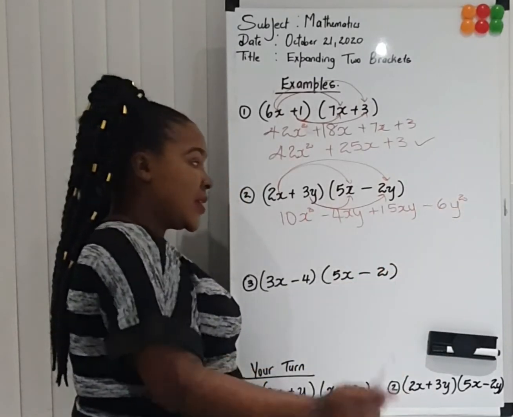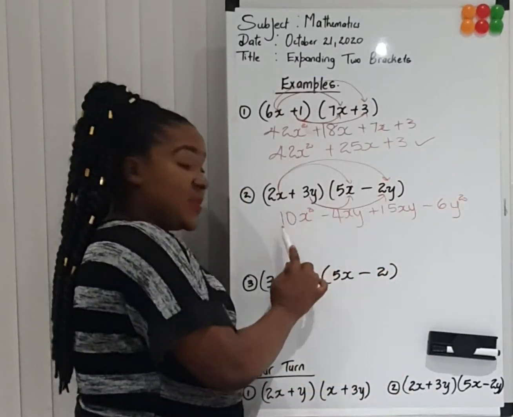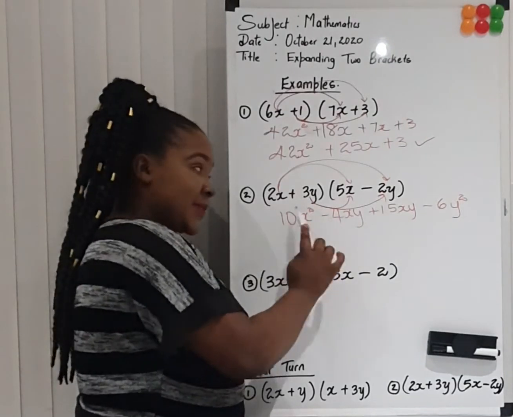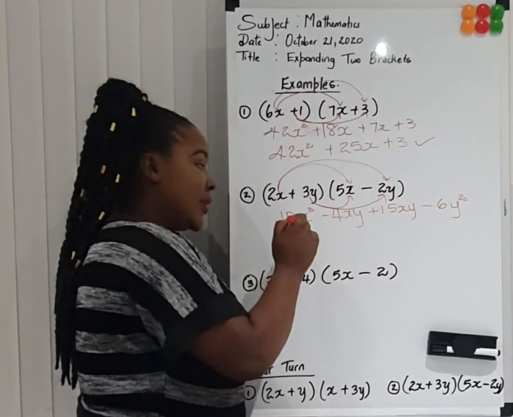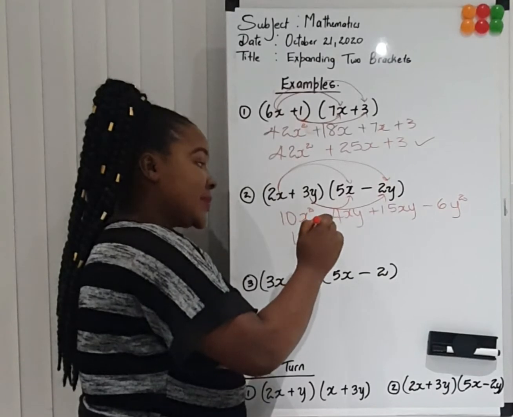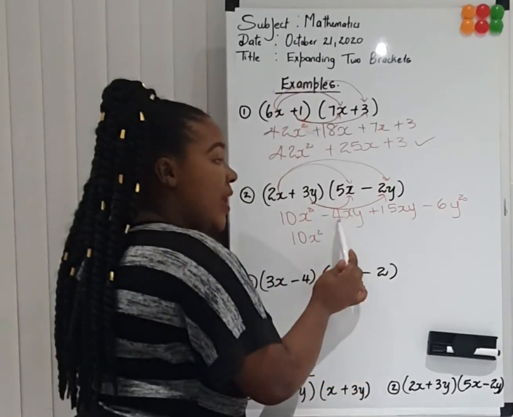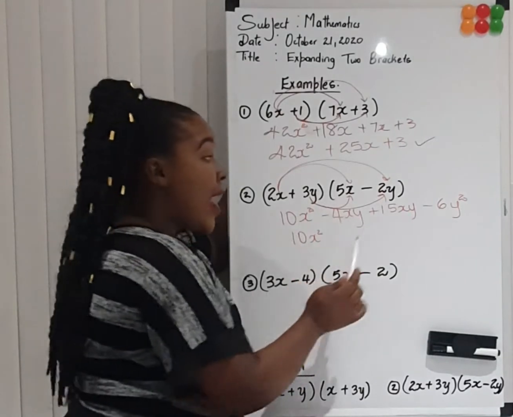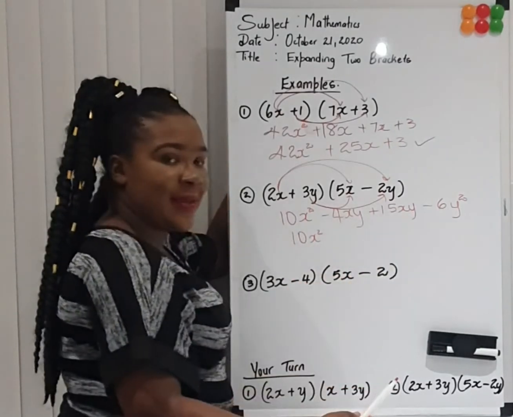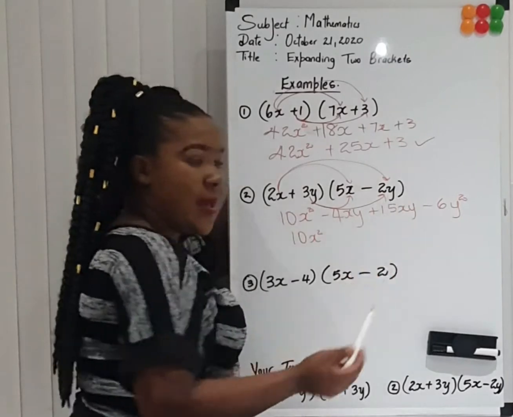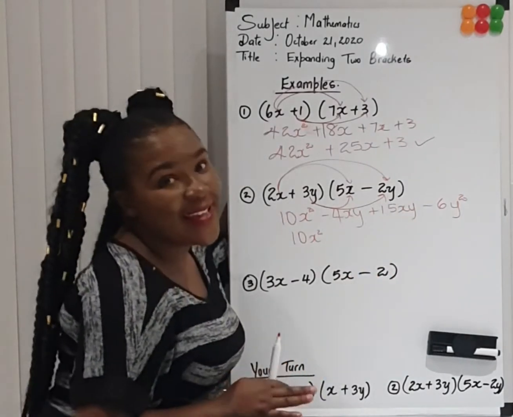And now let's look. Do we have any more like term to 10x squared? No. So we write it back as it is. And let's look in the middle now. We have negative 4xy plus 15xy. xy, xy. Oh, they are like terms.